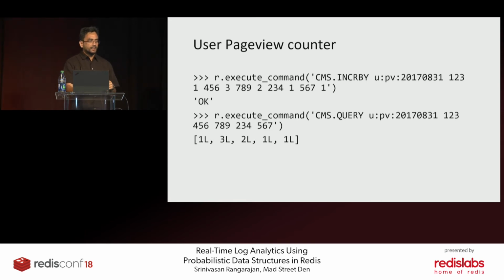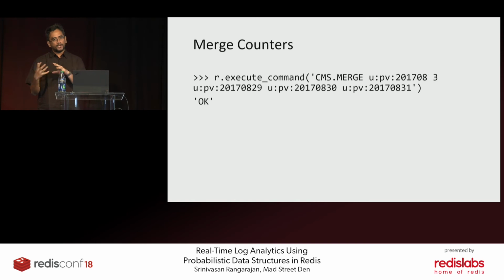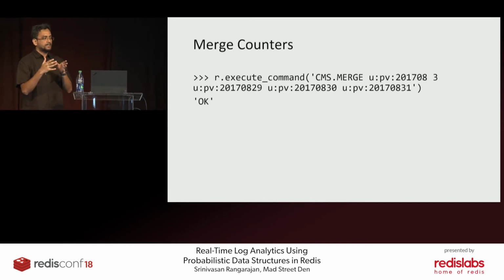The other best thing about CMS is you can merge multiple counters together, and you just specify the command cms.merge, then you say this is the destination key I want to merge to. In this case, it is the month datetime string, right?